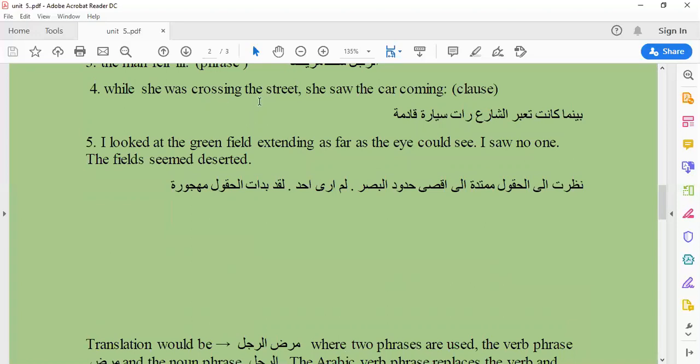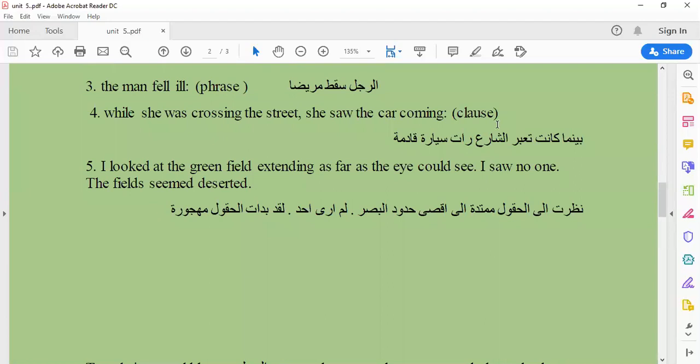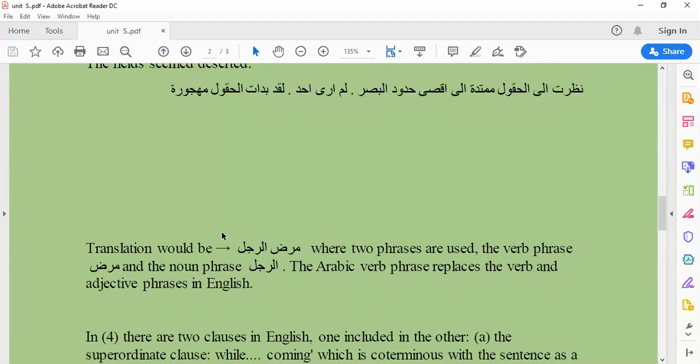While she was crossing the street, she saw a car coming close. بينما كانت تعبر الشارع رأت سيارة قادمة. I looked at the green field extending as far as the eye could see. I saw no one. The field seemed deserted. نظرت إلى الحقول ممتدة إلى أقصى حدود البصر. لم أرى أحد. لقد بدأت الحقول مهجورة.